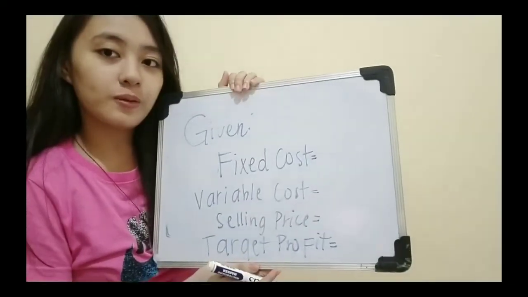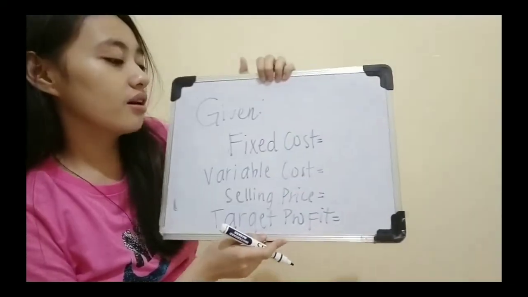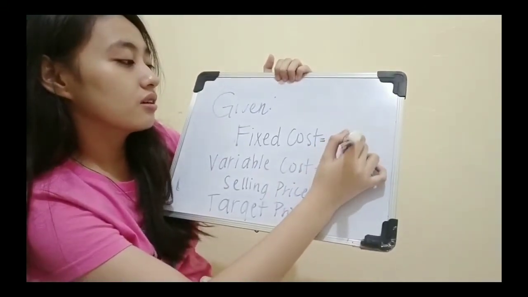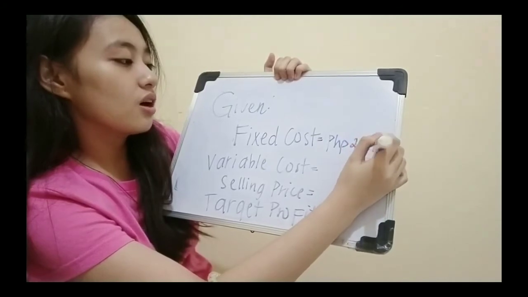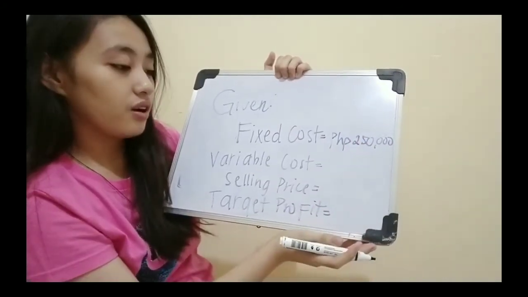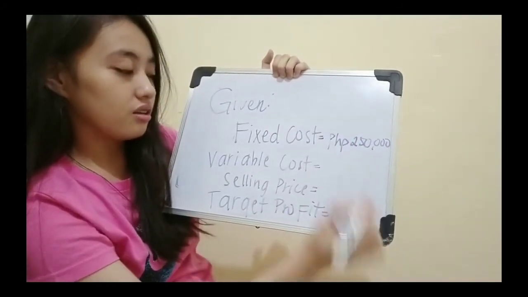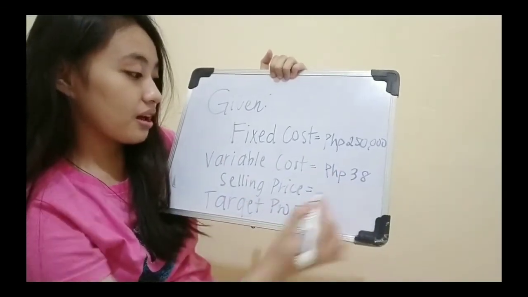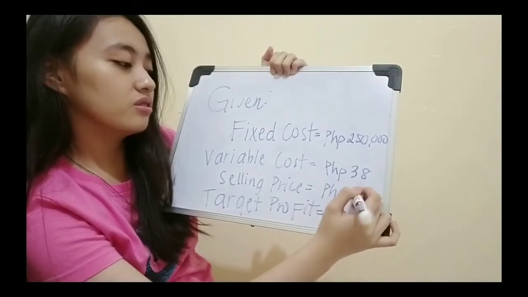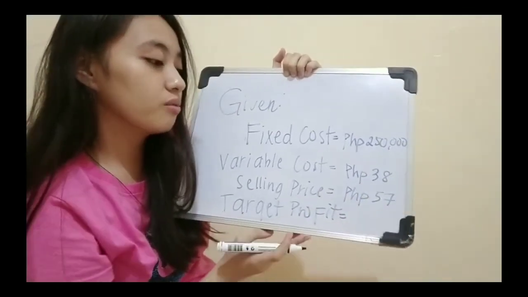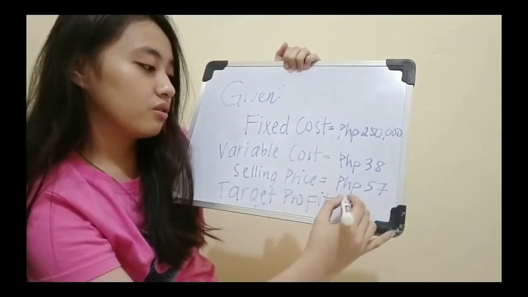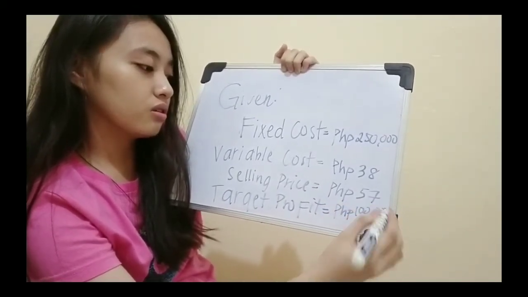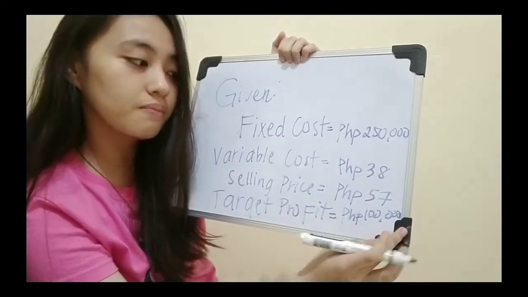So, in that problem, the given values are fixed cost at 250,000 pesos, the variable cost at 38 pesos, the selling price 57 pesos, and the target profit of 100,000 pesos.